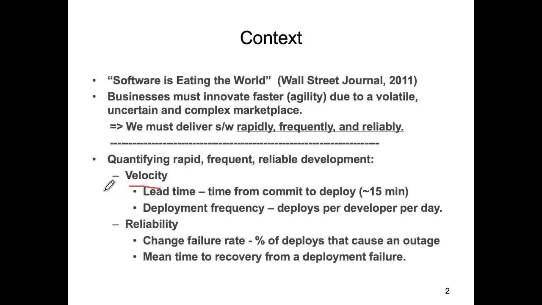If you think about the time gap between when you make a commit to a Git repository or GitHub repository, the time between that happening and the changes that you've made actually being reflected in the deployed software.